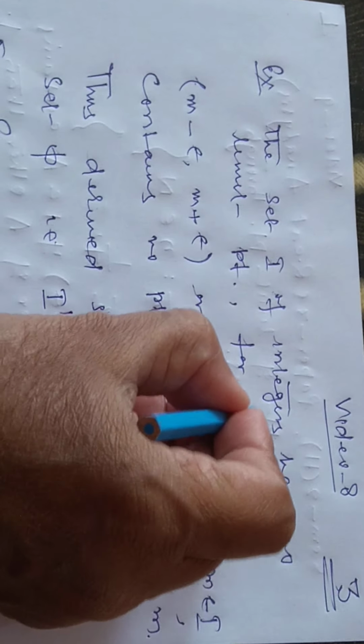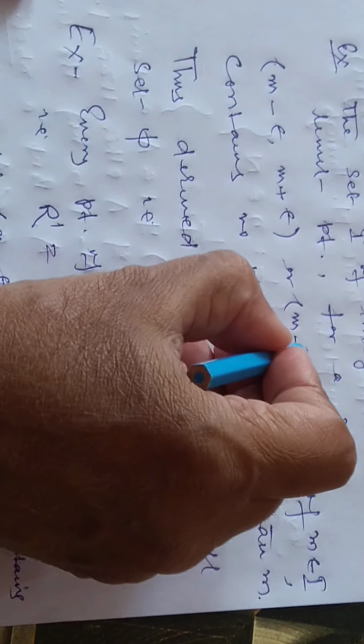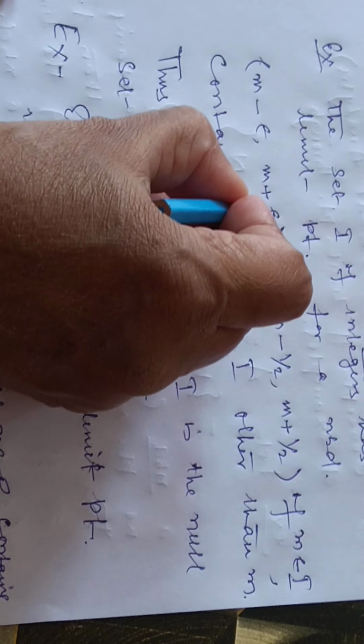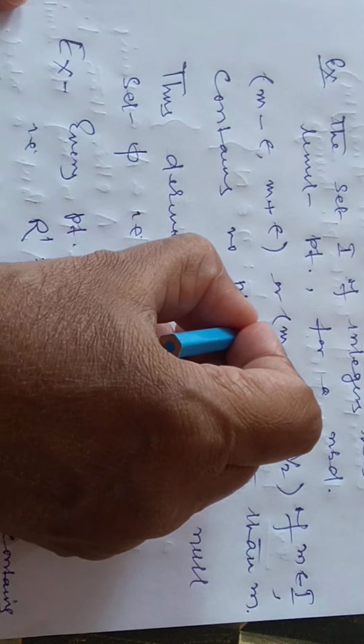First we take the example of integers, that is, the set I of integers has no limit point, because for a neighborhood (m minus epsilon, m plus epsilon), or you can take (m minus half, m plus half), where epsilon is a very small positive number, of m belongs to I.